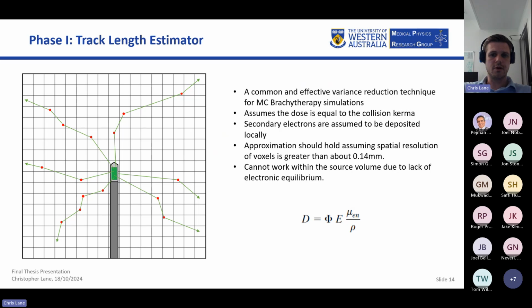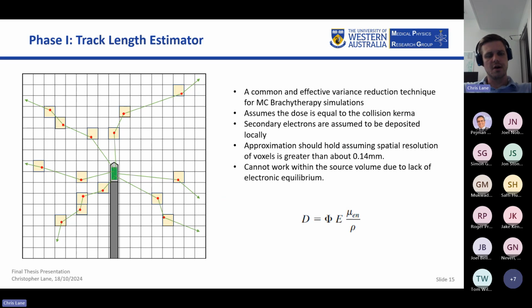And so what we can do is use the track length estimator variance reduction method, where we just don't generate any secondary electrons at all, and we just consider that the dose has been deposited locally every time the photon has interacted with the water. And this is an approximation which has been shown to hold very well, as long as you are not anywhere where charged particle equilibrium does not hold.